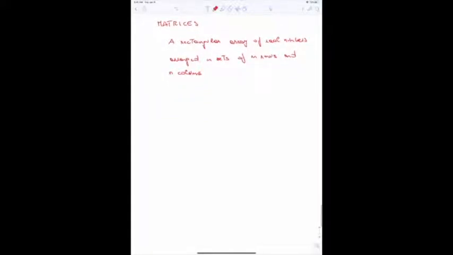So essentially, you can write a matrix as a table where here you have the element A11, here you have the element A12. The first subindex is the number of the row and the second one is the number of the column. So this is A1n and this is A21. This is going to be Am1 and finally this is going to be Amn.